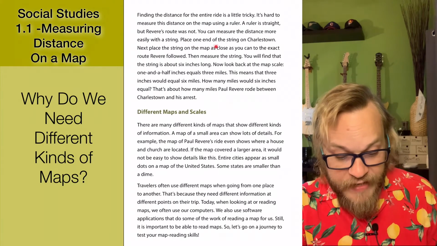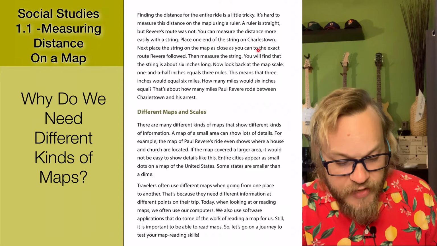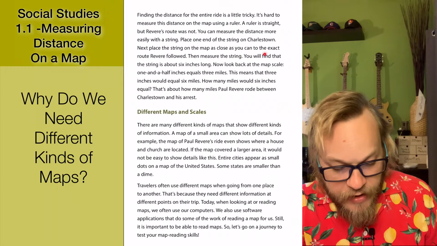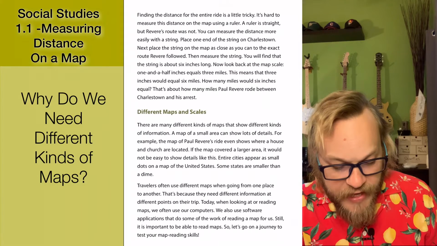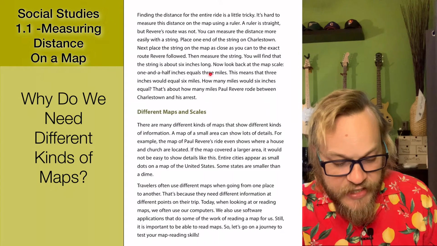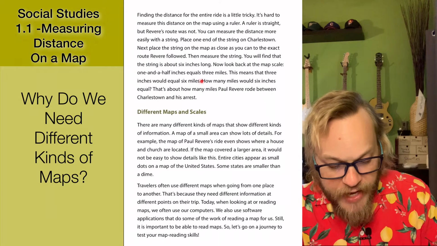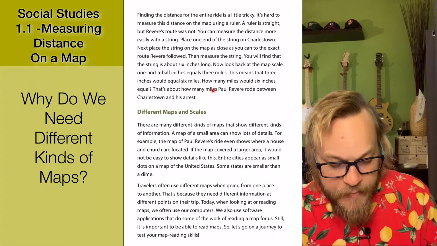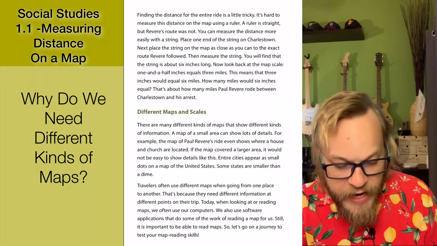You place one end of the string on Charleston, next place the string on the map as close as you can to the exact route Revere followed. Then measure the string. You will find that the string is about 6 inches long. Now look back at the map scale. 1.5 inches equals 3 miles. This means that 3 inches would equal 6 miles. How many miles would 6 inches equal? Well, that's about how many miles Paul Revere rode between Charleston and his arrest.